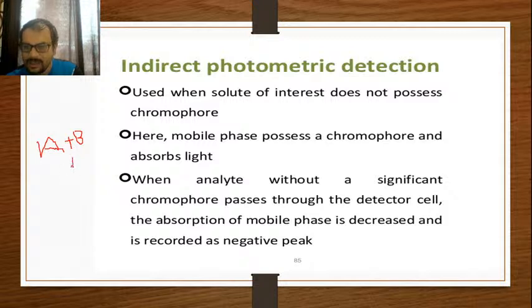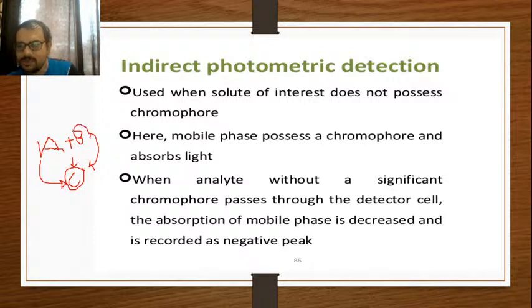By chemical treatment of A with B, you will get C. This C is a compound which shows UV absorption just because it is attached to B. This derivative of A will show you the absorption because it contains a functional group, B, which is a chromophore in itself.